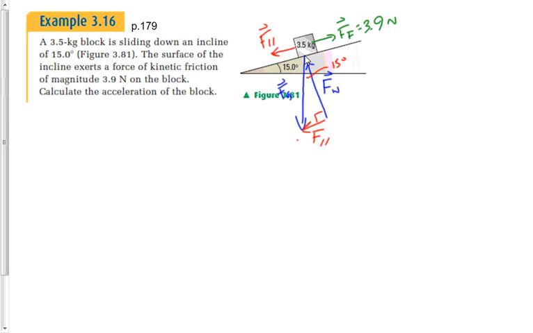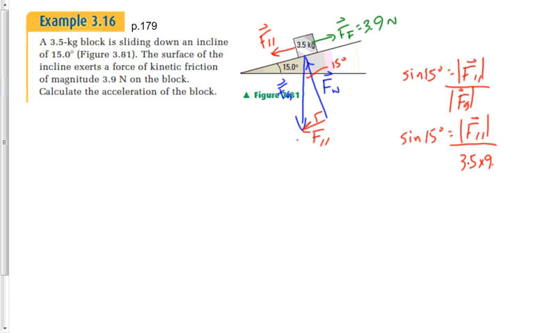Let's say sine 15 degrees is equal to opposite, which is F parallel, over the hypotenuse, which is the force of gravity. So we're going to say sine 15 degrees is equal to F parallel over 3.5 times 9.81.